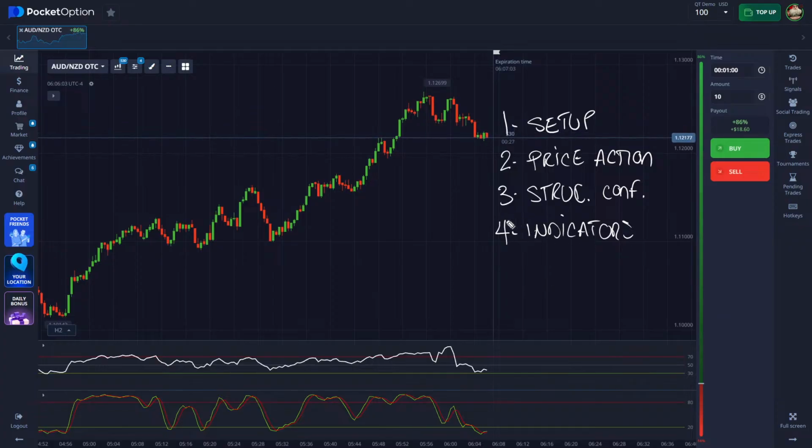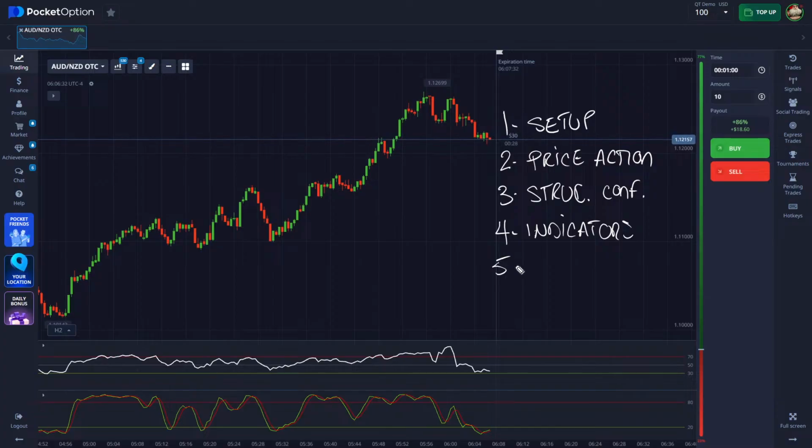But you can't base your trade just on the indicators. It has to be based off of setup, price action, structural confirmation. Indicators is really the fourth one. It's kind of optional, as I said, but do not solely base your trade on the indicators, because remember, indicators do lag behind a bit, and there could be false signals.